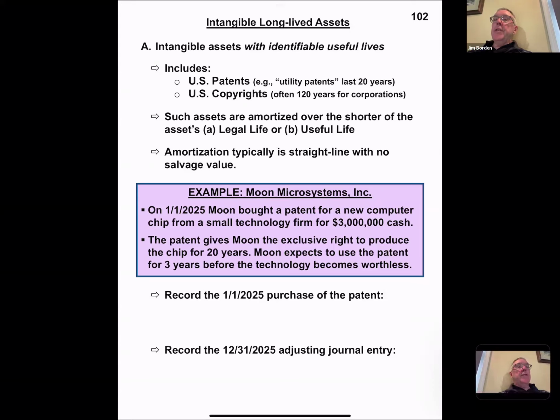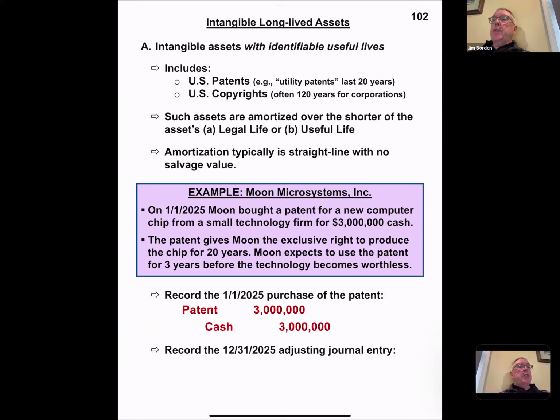Okay. So the first thing is record the purchase of the patent. All right. So let's look at that. So we debit patent. It's an asset. It's a long-lived asset. And we'll credit cash. So there's a straightforward transaction. Then let's record the adjusting entry at the end of the year to record the amortization expense.